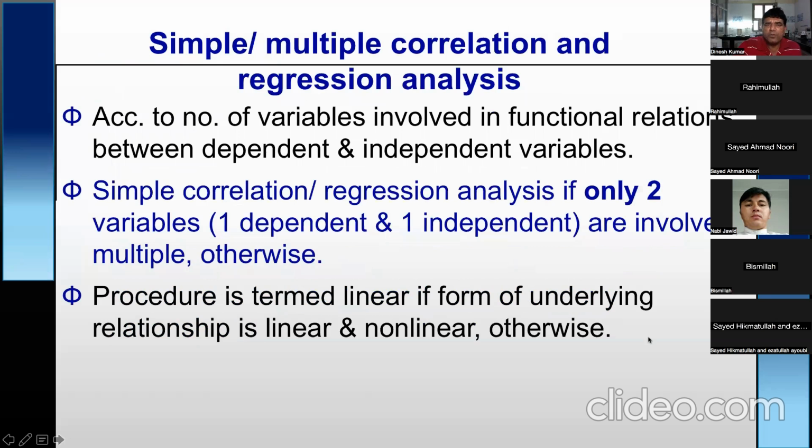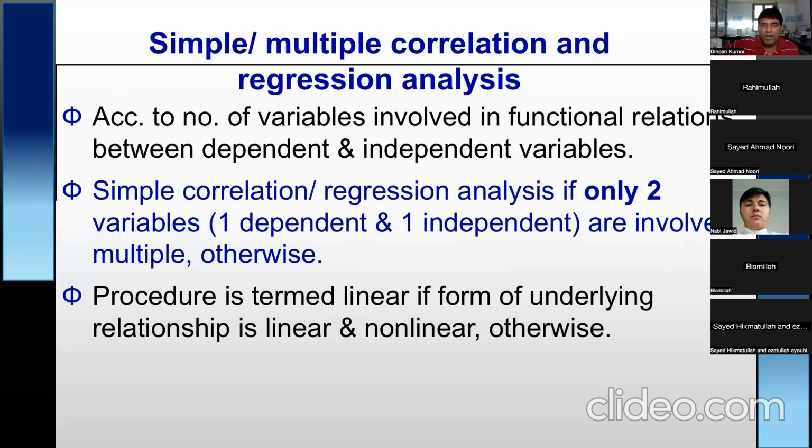Simple and multiple correlation and regression analysis. Friends, what is meant by simple correlation analysis, simple regression analysis, multiple correlation analysis, and multiple regression analysis? There are four terminologies.